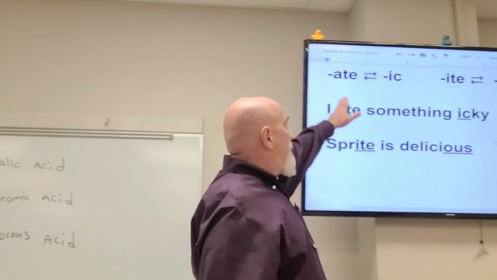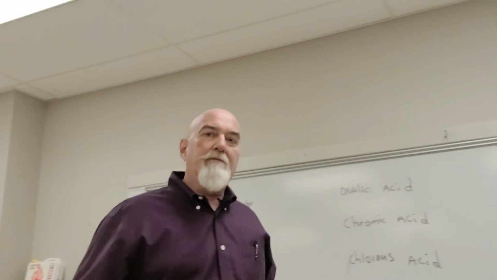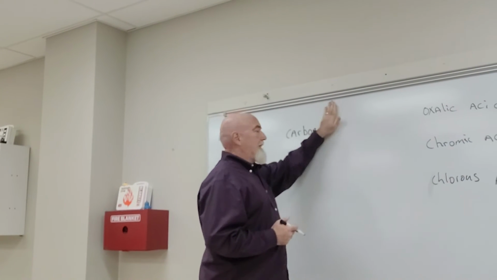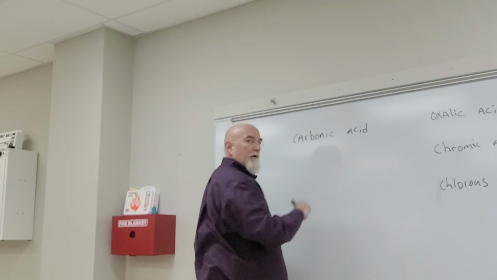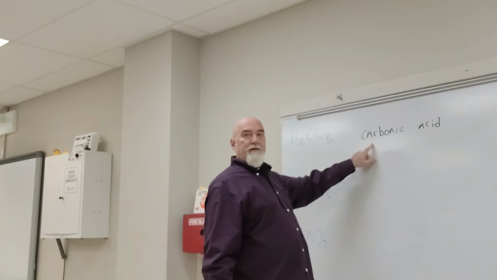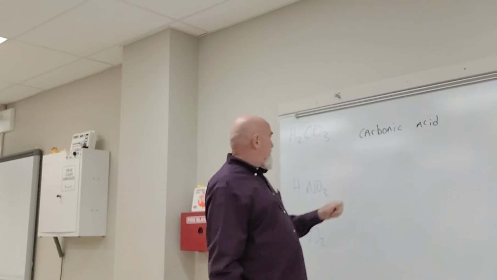And from over here, ATE just interchanges with IC. We simply flip them out. So instead of carbonate, you get rid of the ATE, you put your IC in and add the word acid. So hydrogen with carbonate gives us carbonic acid because ATE changed to IC.